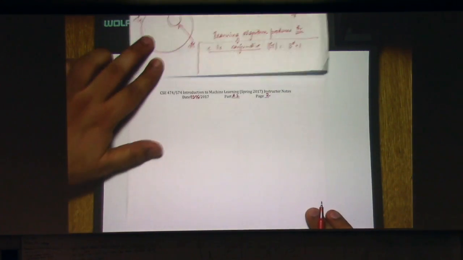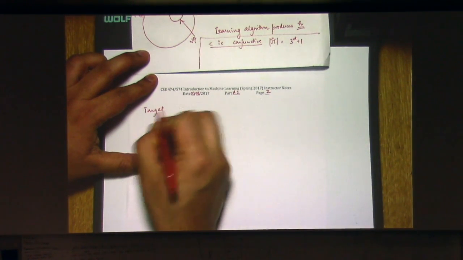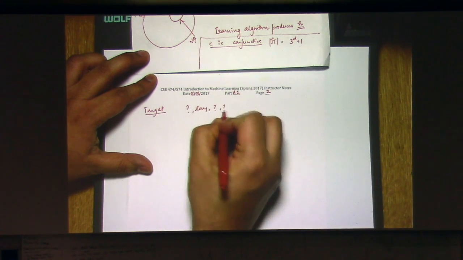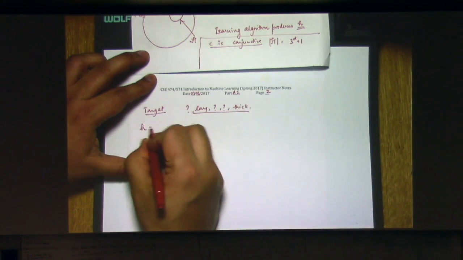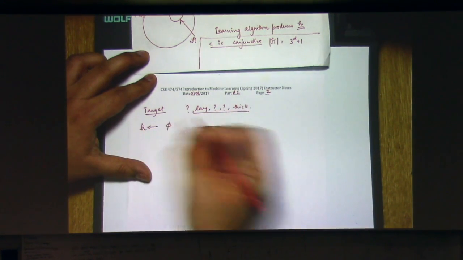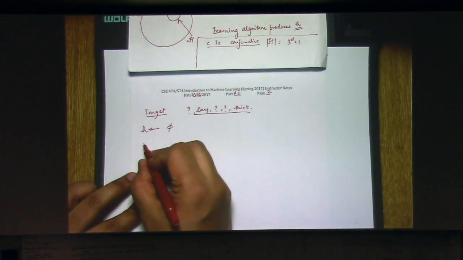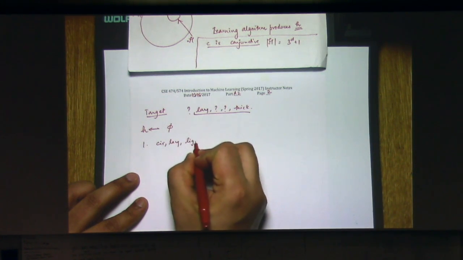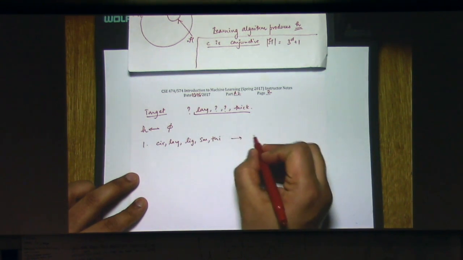Right. So as I said, I'm going to use a little bit of shorthand. This is our target, which is question mark, large, question mark, thick. In the beginning, our H is just most specific, rejects everything. Now you get the first example, which is circular, large, light, smooth, and thick, and it is malignant, which means it belongs to the concept.